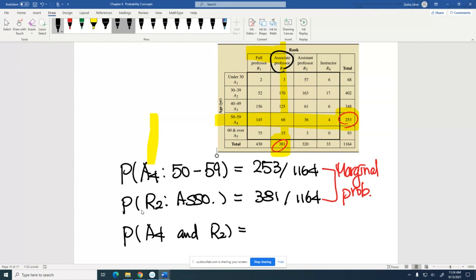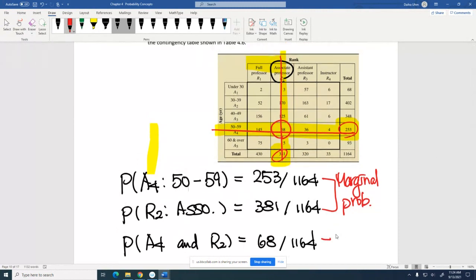We have 68, 50s and associate, out of 1164. Does it make sense? It is the joint probability. It's a joint one. So we joined together the two events, so it will be the joint.